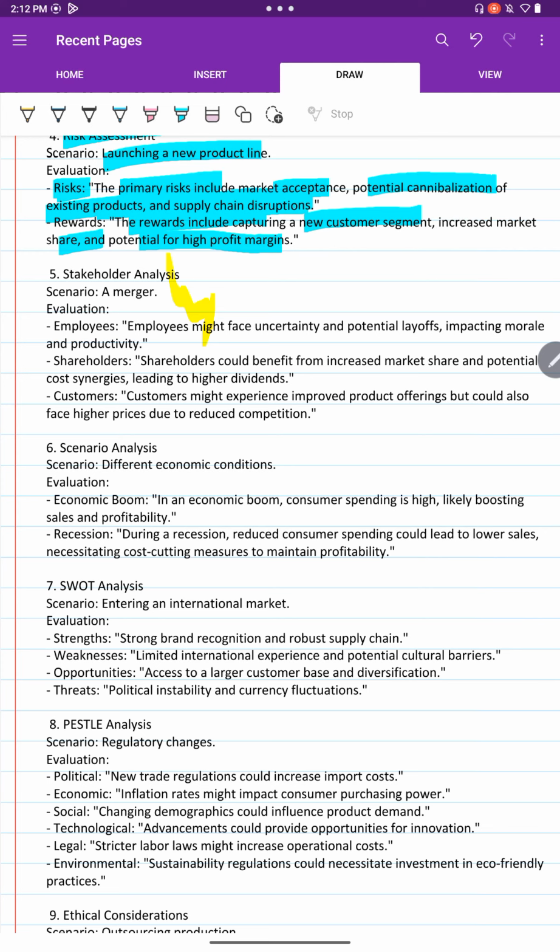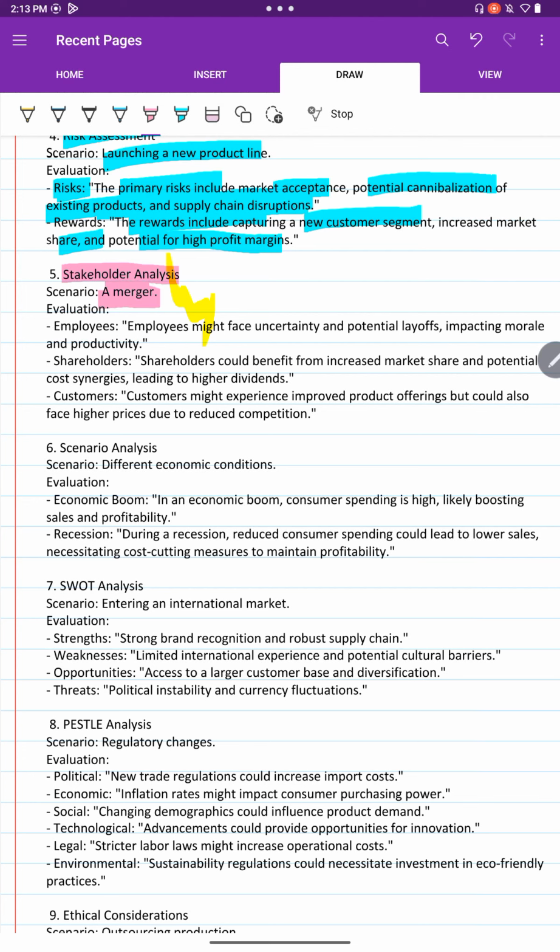Okay, so in number 5, the stakeholder analysis. We can also do the evaluation of how our stakeholders would react if we implement some strategy in the business. So, stakeholder analysis. We have the first scenario, which is a merger.